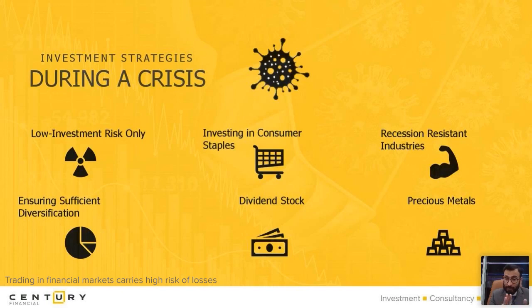So during crisis, that could be one thing. Now, again, some of you will argue that bond yields will be low, so the coupon will be extremely low. That is true. And that's why I told you that a majority of your investment portfolio should be in bonds or fixed income products. And another part, if you're investing into stocks, try to invest into stocks which are consumer staples.